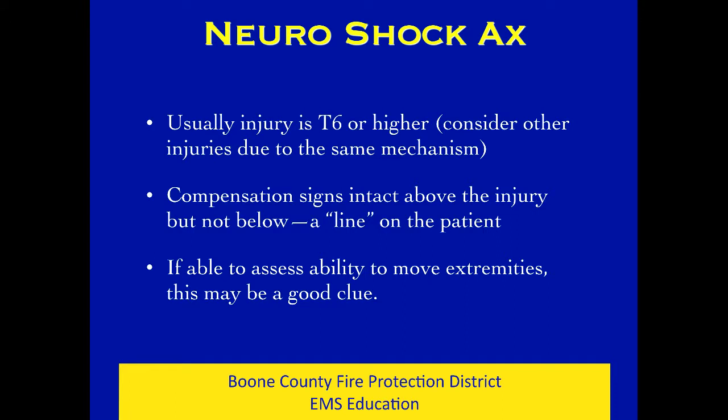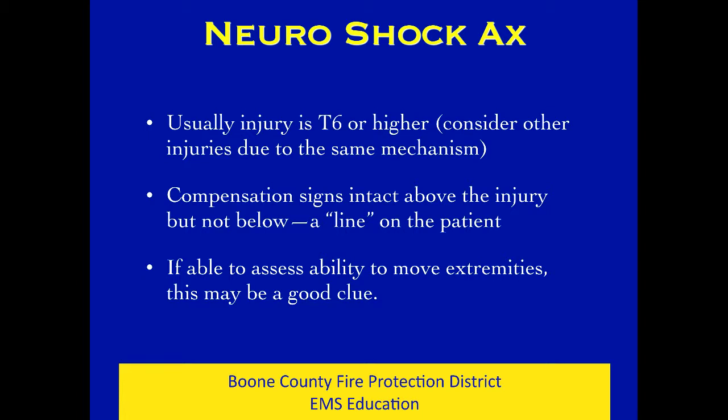Then I said a while ago that I was going to come back to something, so I need to come back to that. So if you have an injury that can cause disruption to the spinal cord in the upper T-spine, that's pretty significant impact to the thorax.